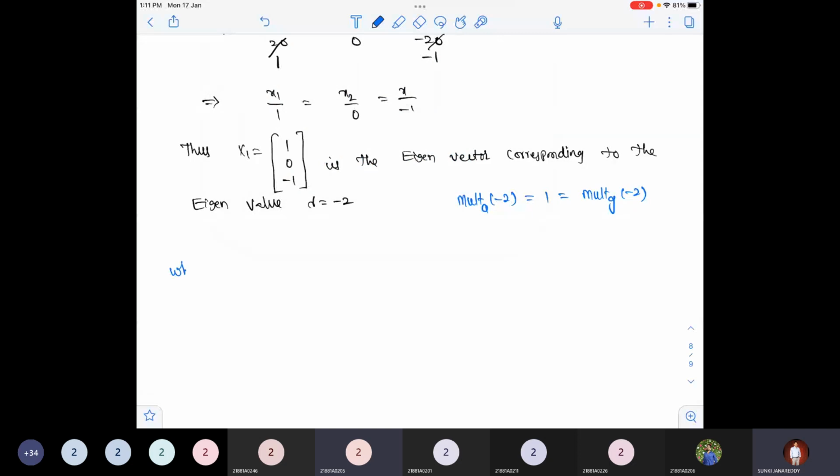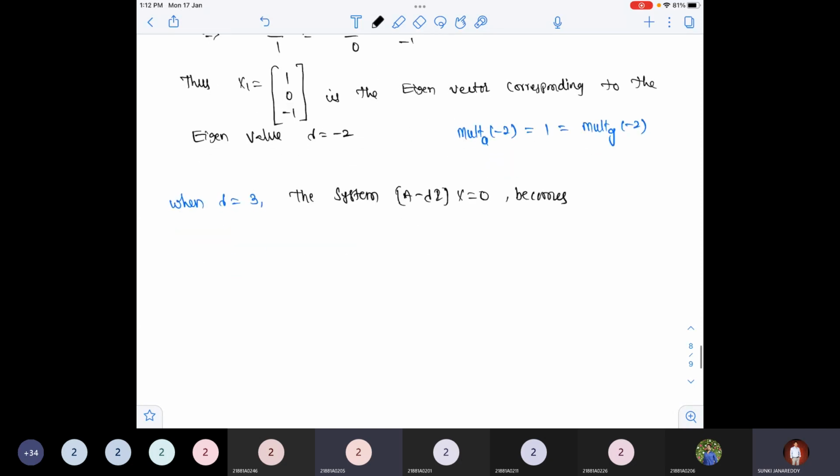When lambda is equal to, what is the next eigenvalue? When lambda is equal to 3, the system A minus lambda I into x equal to 0 becomes, tell me, what we can get by putting 3?